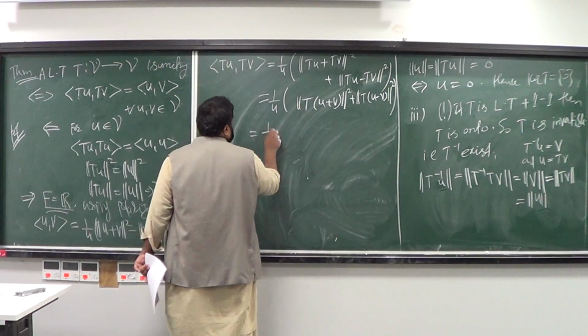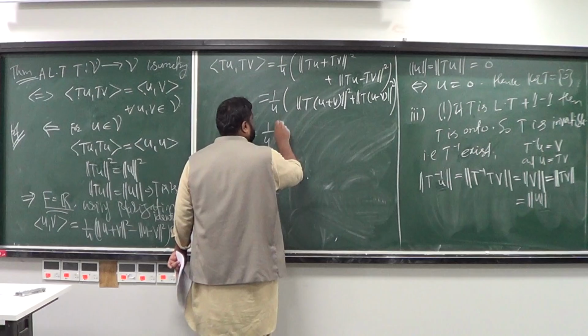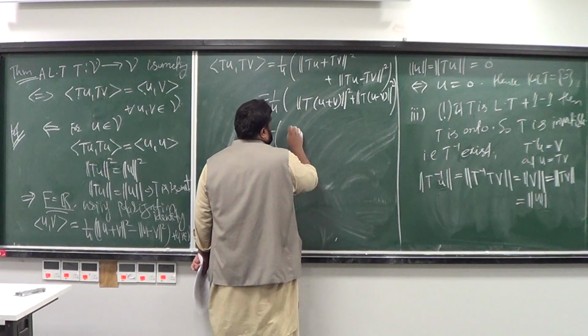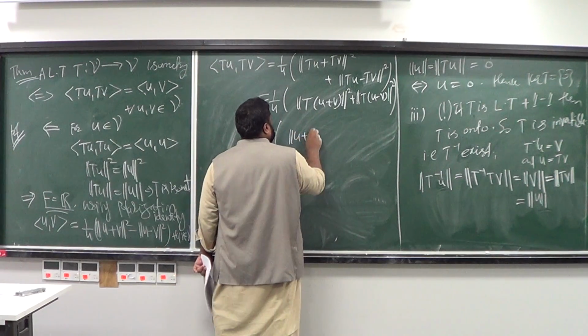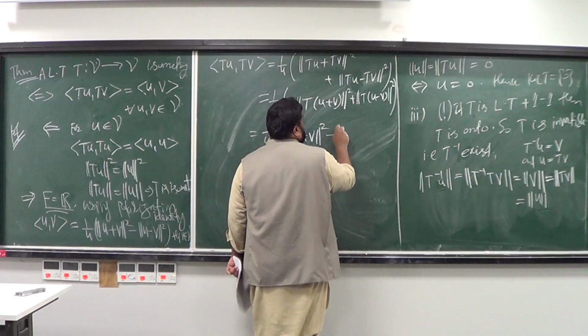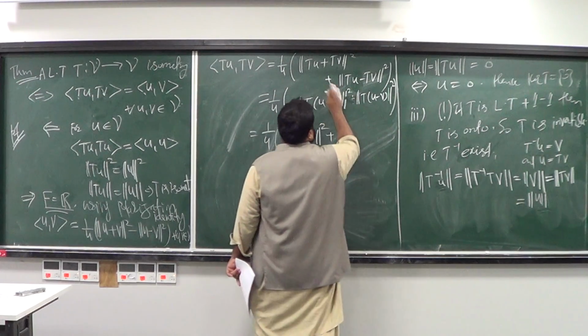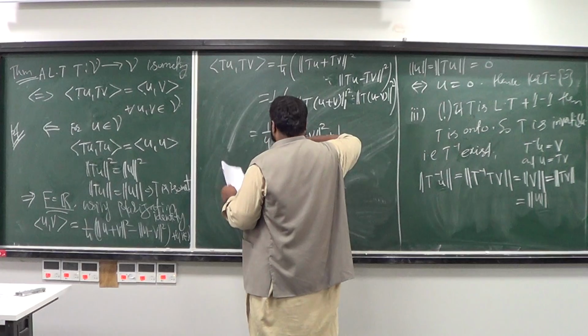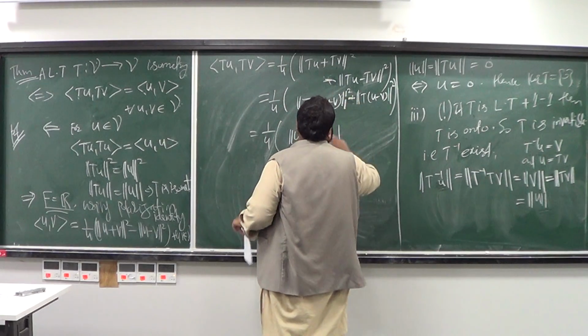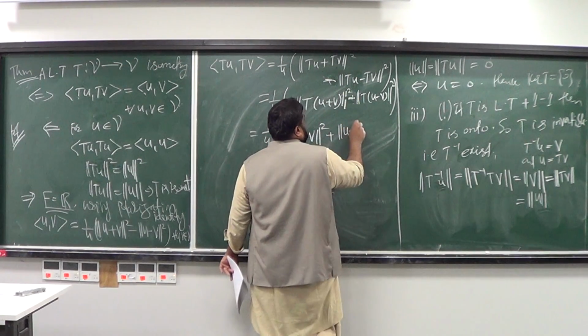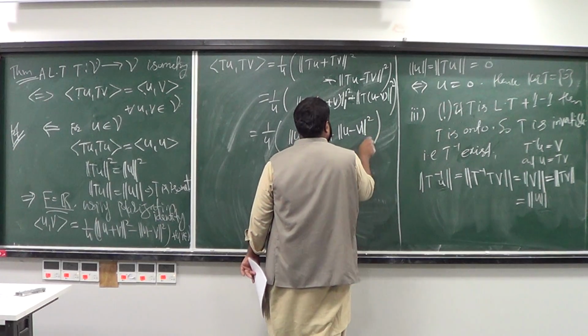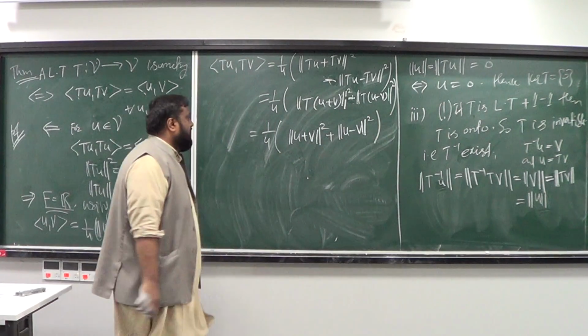And now since T is an isometry, this is equal to the norm of U plus V squared, minus, I think this should be minus, the norm of U minus V squared, because T is an isometry.